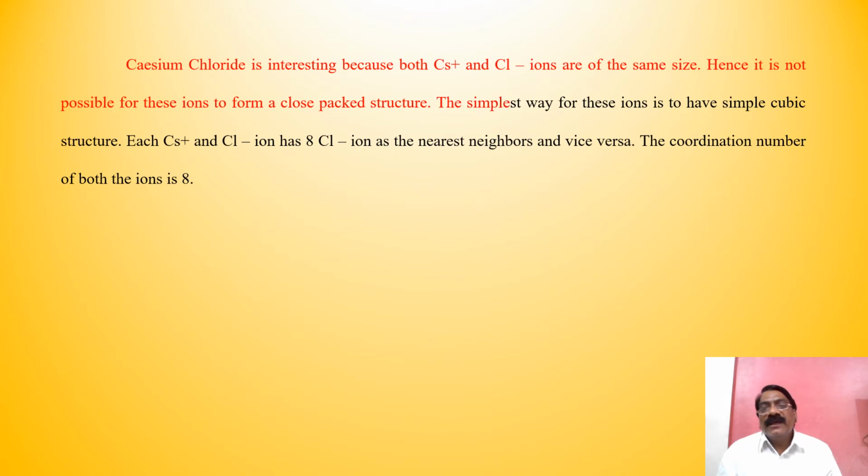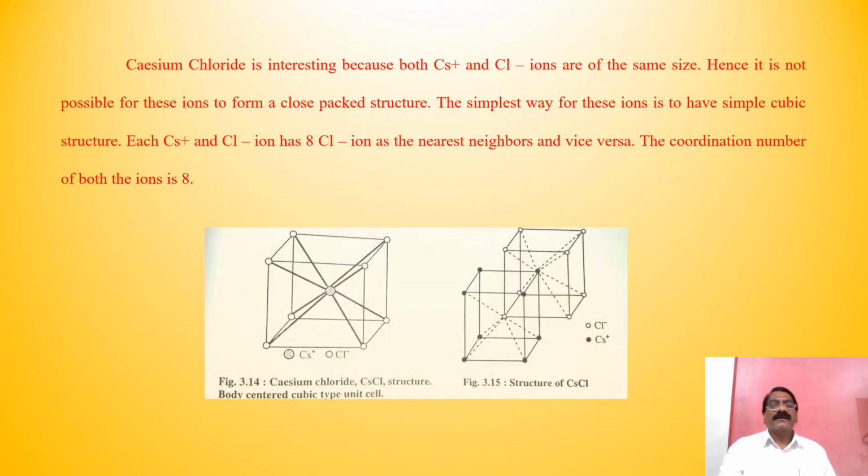The simplest way for these ions is to have a simple cubic structure. Each Cs+ and Cl- ion has 8 oppositely charged ions as the nearest neighbors. The coordination number of both the ions is 8.